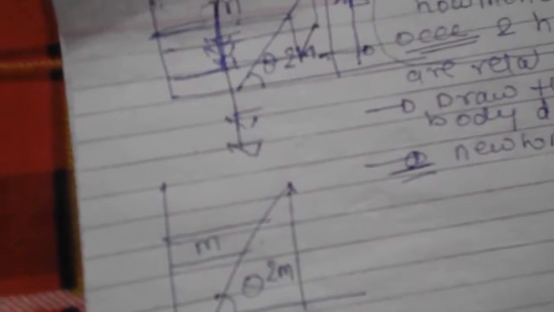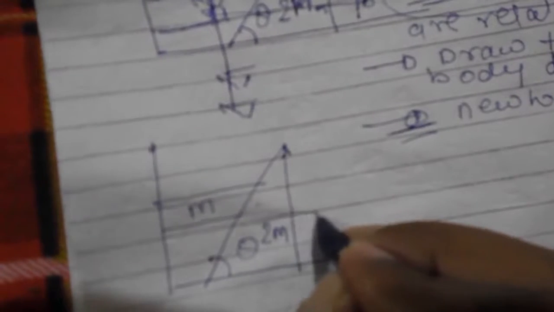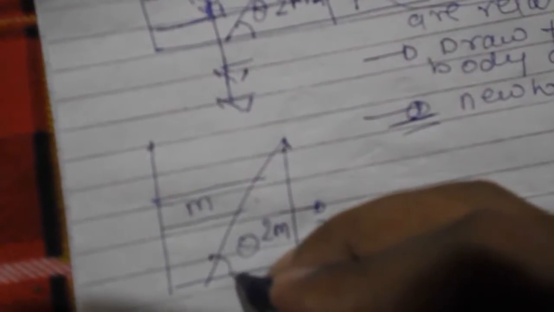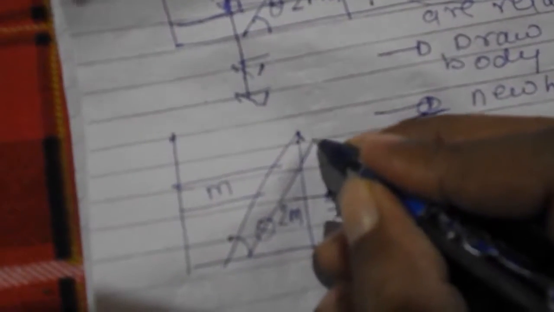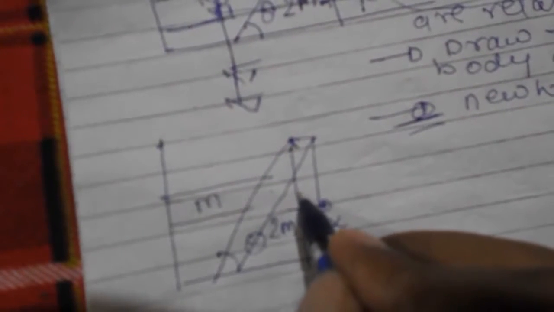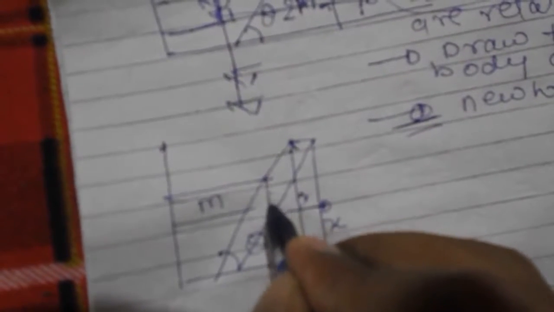Let's suppose this block has moved by amount x. This length is x. So this will reach somewhere here, and this will reach somewhere here.